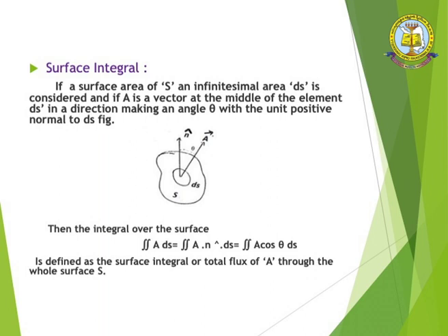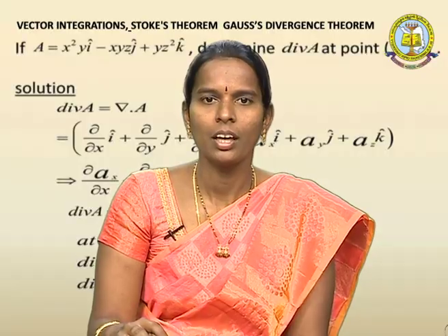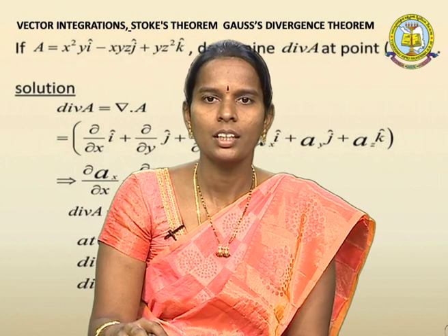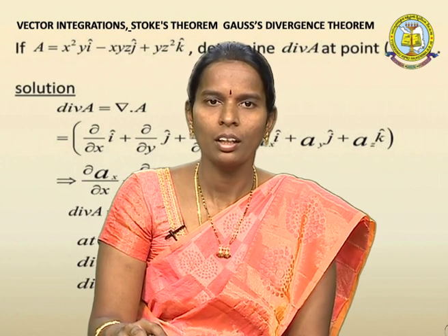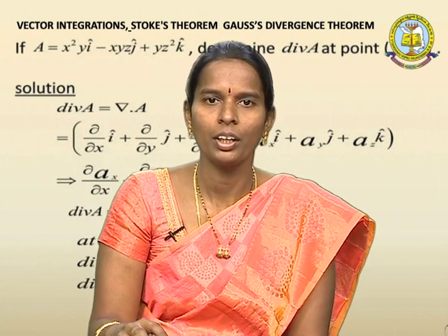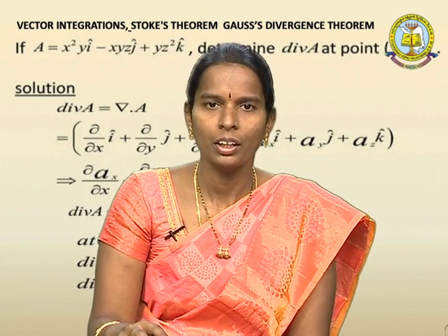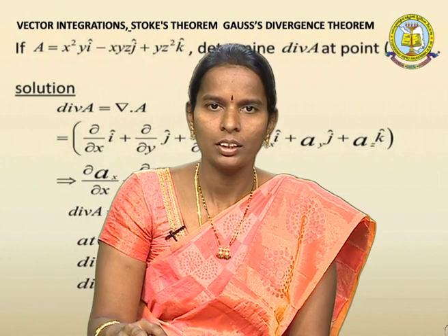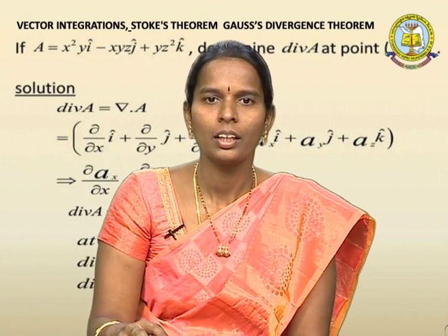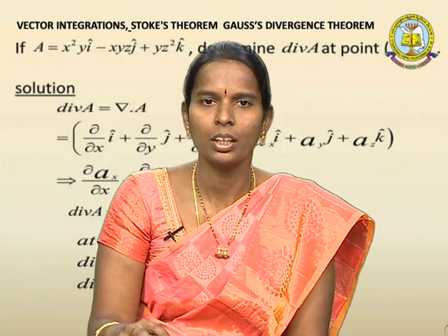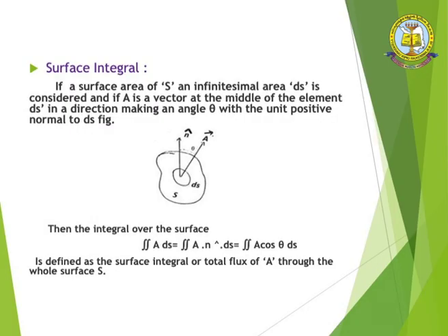Once again, I can repeat: this is the surface S, with an infinitesimal area ds considered, and the vector A at the midpoint of the element ds makes an angle theta with the perpendicular direction n cap. So you can write A dot n cap is equal to A cos theta.